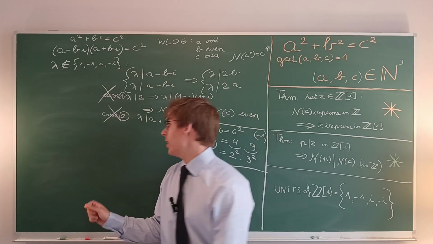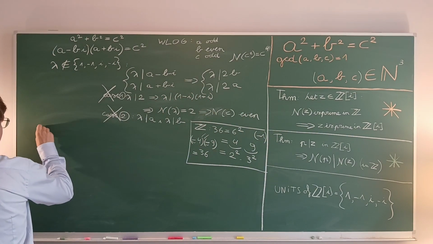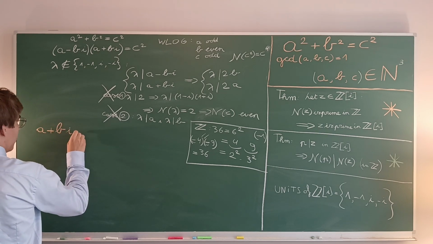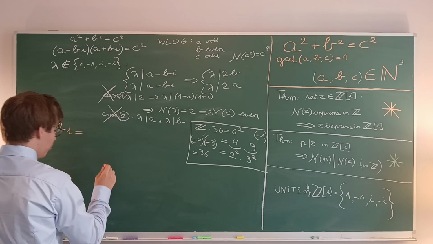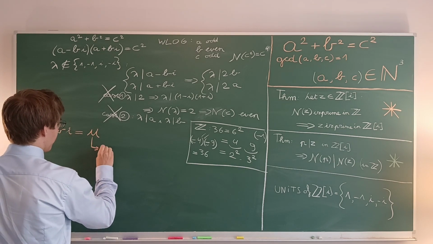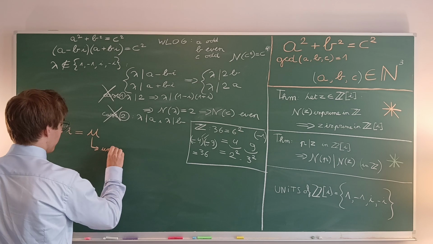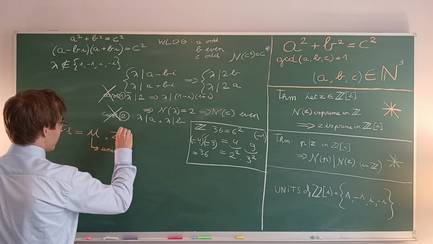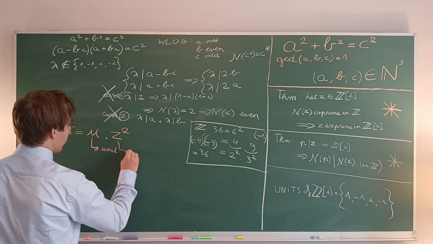So we conclude that, for example, a plus bi must be equal to a unit times another Gaussian integer squared.